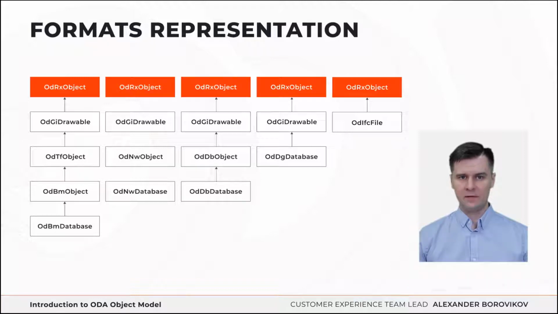All those databases have a similar chain of inheritance, going through the OdRxObject, OdGiDrawable, also having some object class for DWG, Revit and Navisworks. The only significant exception is the OdIfcFile that inherits directly from OdRxObject.